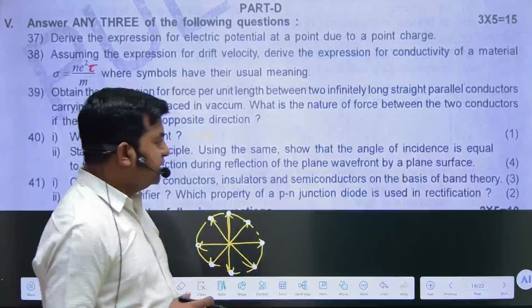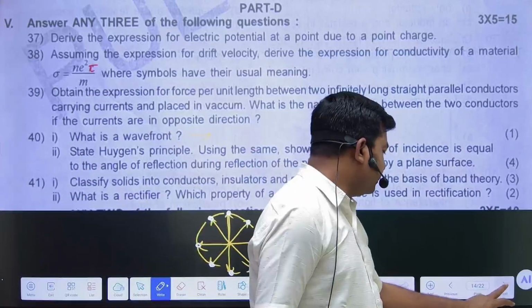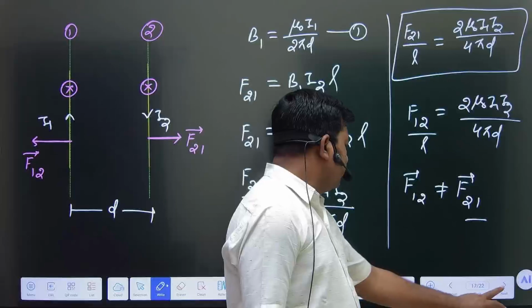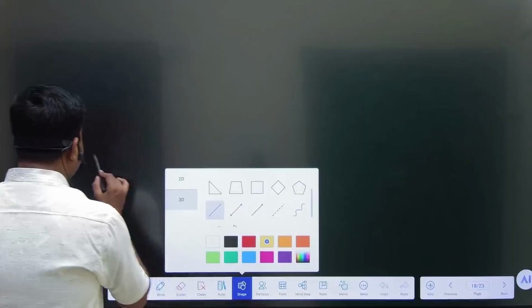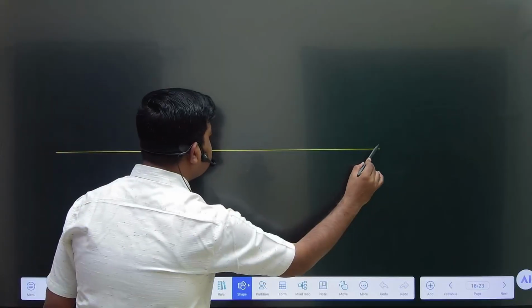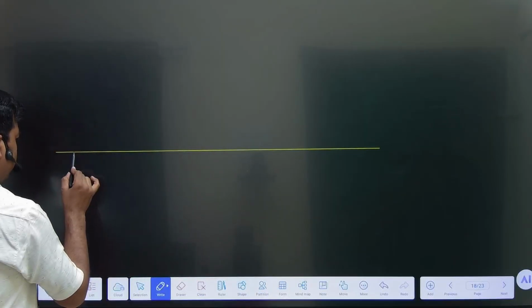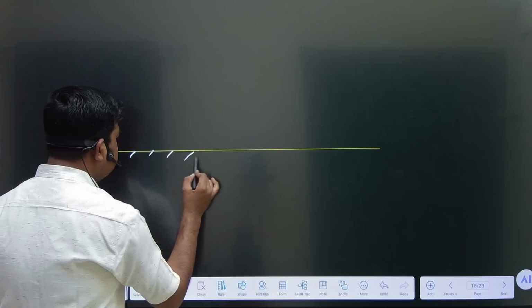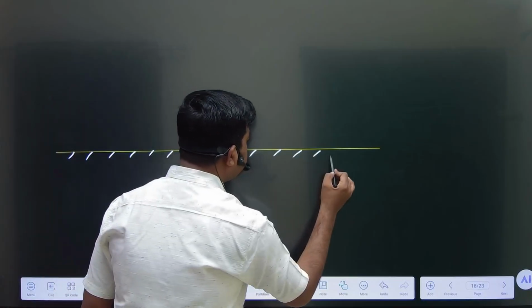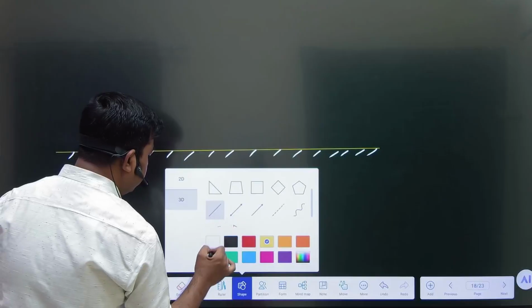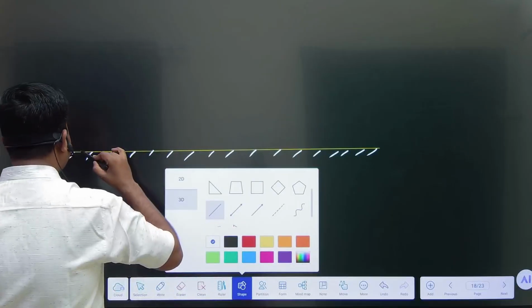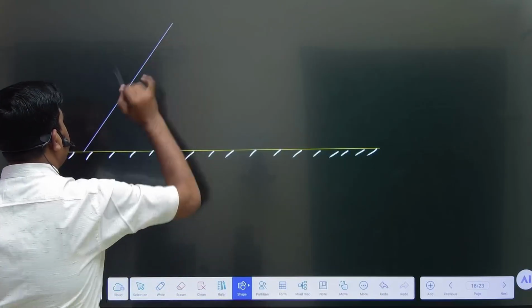We have to prove reflection of light by a plane surface using the theory of wavefront. Let's say this is a plane mirror, and a plane wavefront AB is incident on this plane mirror.